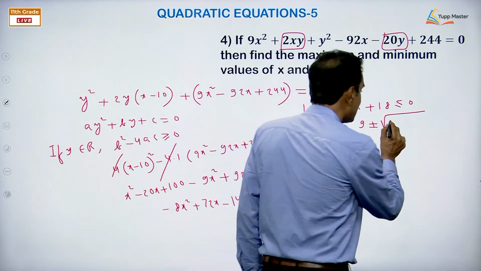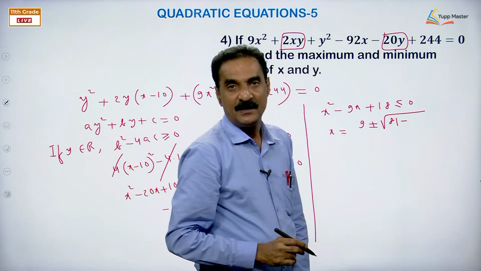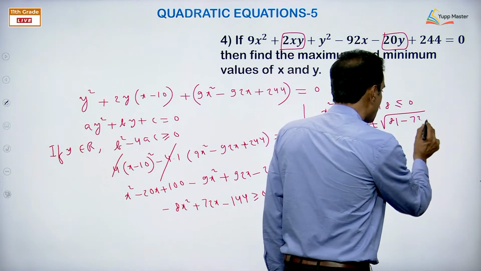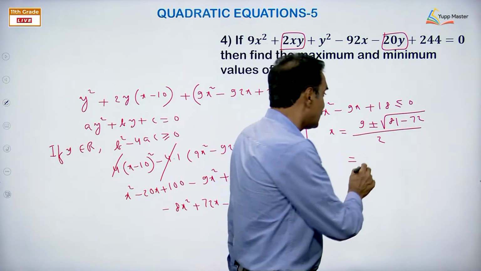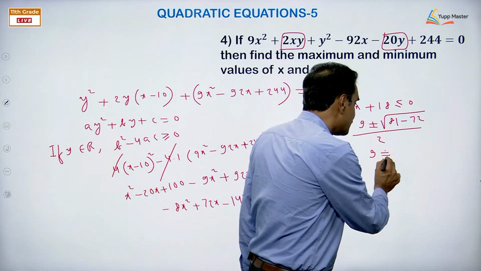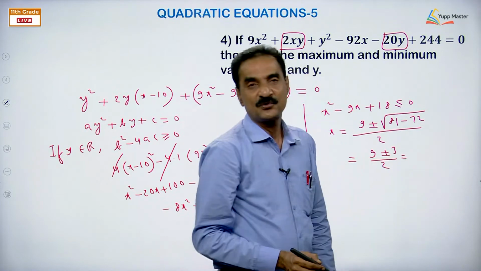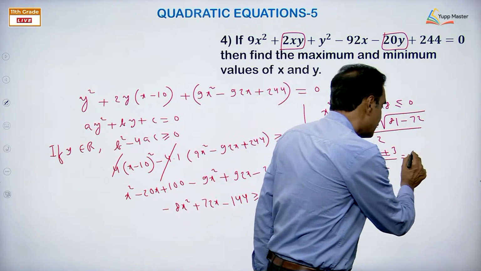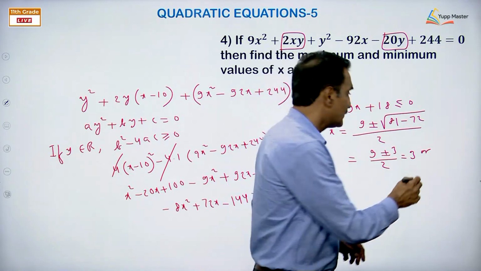B square minus 4ac is 81 minus 4 into 18. 4 into 18 is 72, by 2. How much are you getting? 9 plus or minus root 9 is 3, by 2. What are the roots? 9 minus 3 by 2 is 3, or 9 plus 3 by 2, 6.